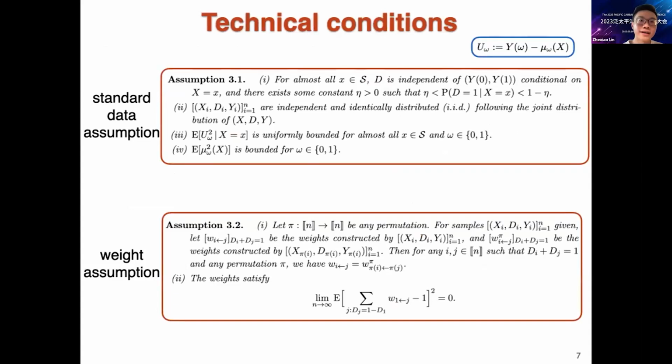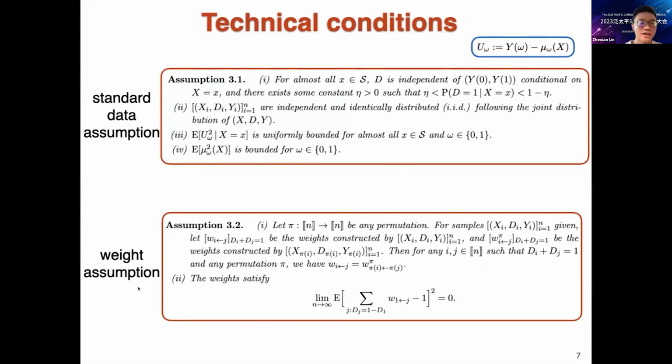To formally establish the doubly robust property, we'll need some assumptions. The first are very standard data assumptions, including the unconfoundedness assumption as well as the overlap condition. Also, we'll have some moment conditions on the error terms and outcome models, which are very natural to assume.